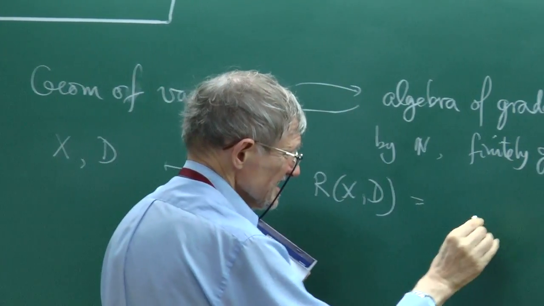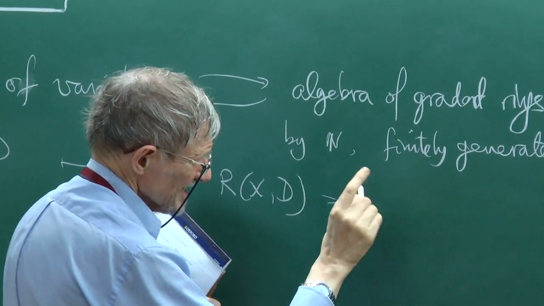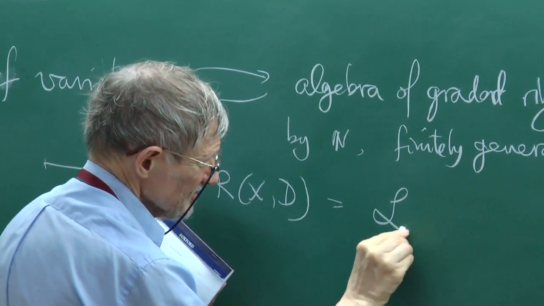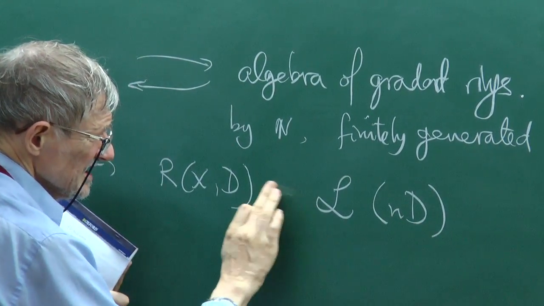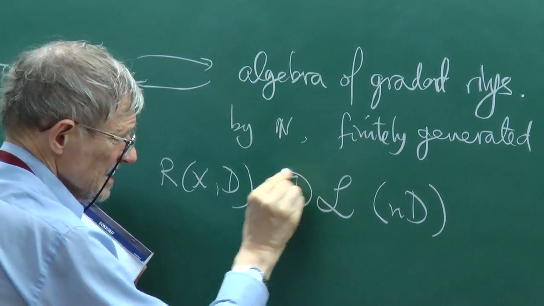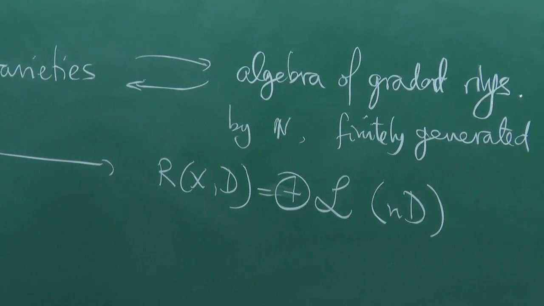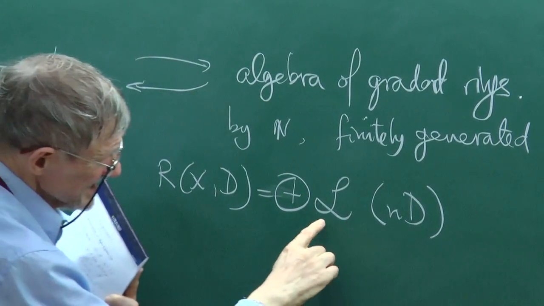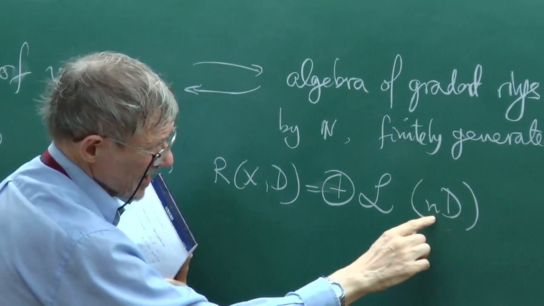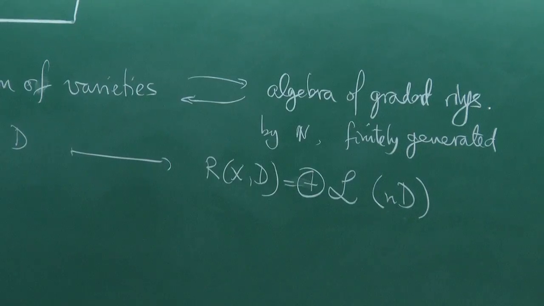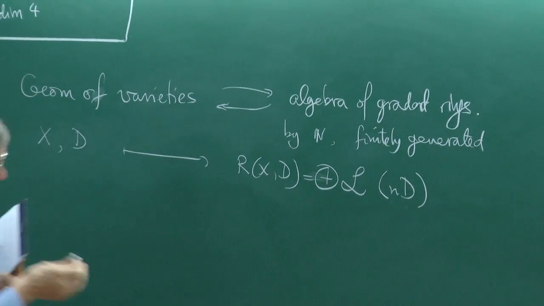This is the Riemann-Roch space of multiples of D. I'm taking the set of all rational functions on the variety X with poles at most nD.